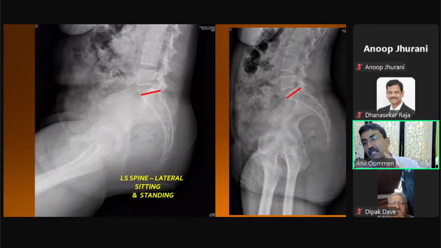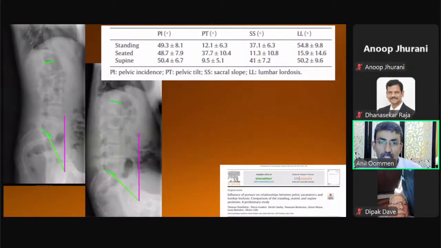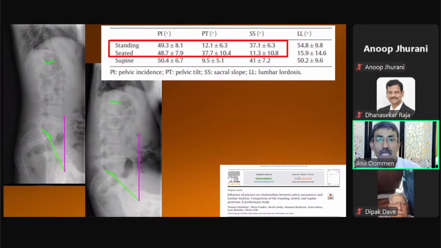Now, like we said, in the normal individual, the pelvis tilts posteriorly on sitting, and on standing, the pelvis tilts anteriorly. So as a result, there is a change in the sacral slope. Now, there have been studies conducted extensively on what the normal variation is, and we have a change in value for pelvic incidence, pelvic tilt, and the sacral slope from sitting to standing.